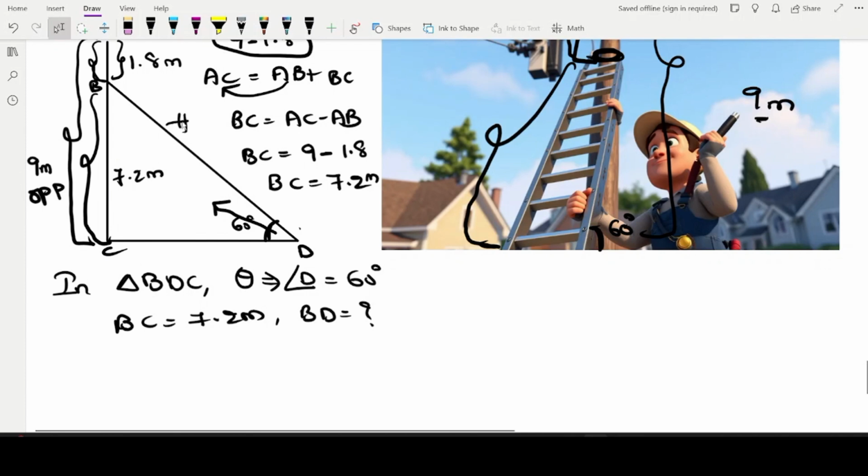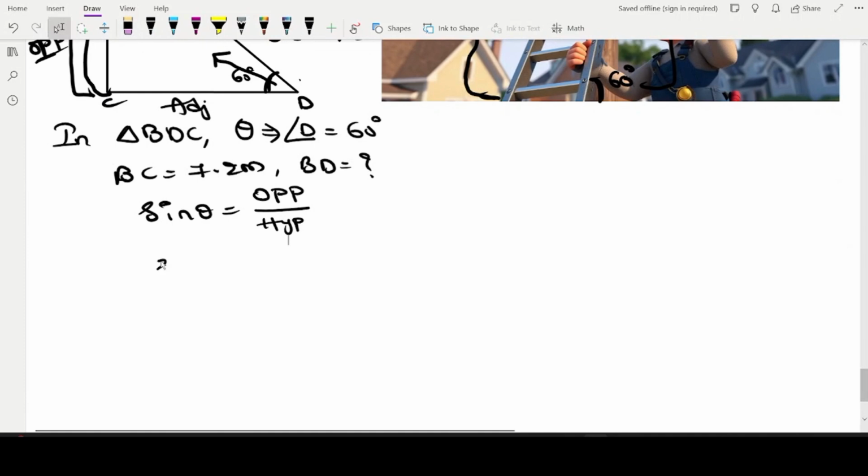The slant part becomes the hypotenuse and the other one is adjacent side. We know that the trigonometry ratio that combines both opposite side and hypotenuse will be sin theta equals to opposite side divided by hypotenuse. So sin 60 degrees equals to what is opposite, which is BC divided by hypotenuse is BD.